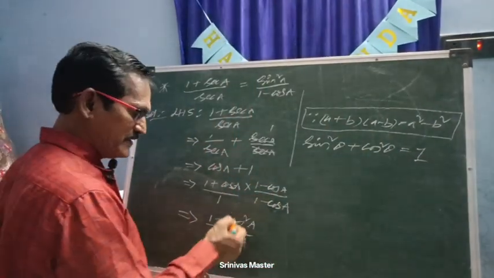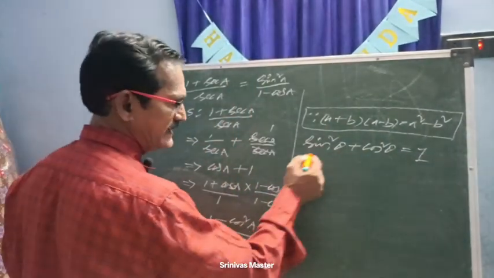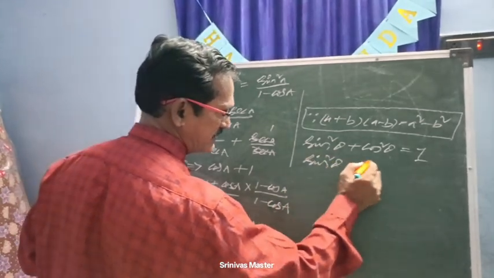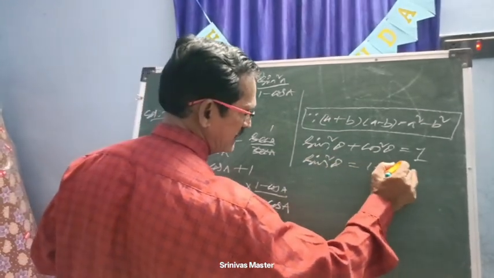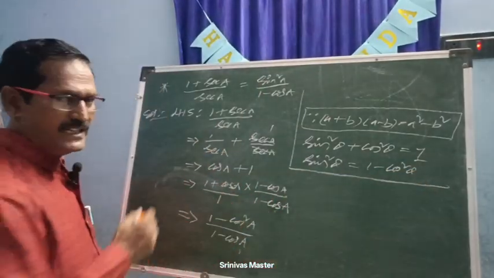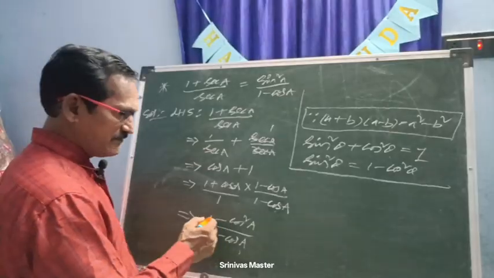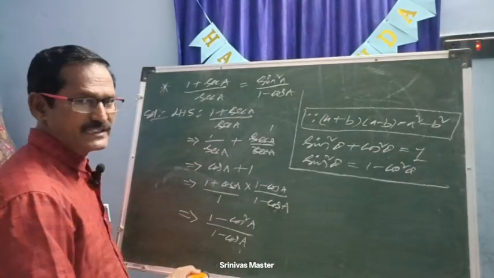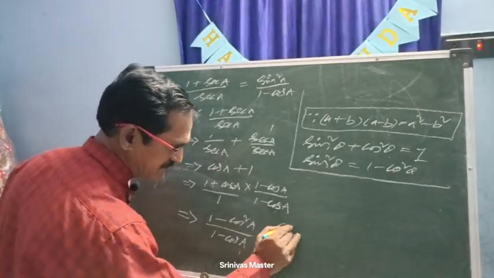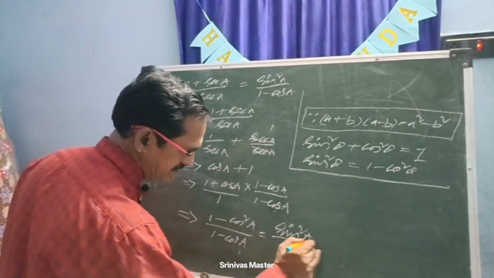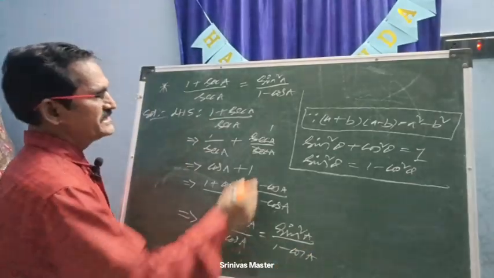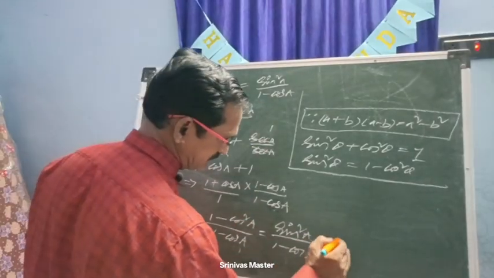So from this you can derive that sin square theta is equal to 1 minus cos square theta. Here in place of theta, A is given. So in place of 1 minus cos square A, we take sin square A. That means sin square A by 1 minus cos A, which belongs to the RHS.